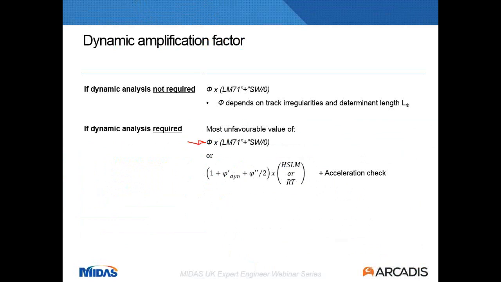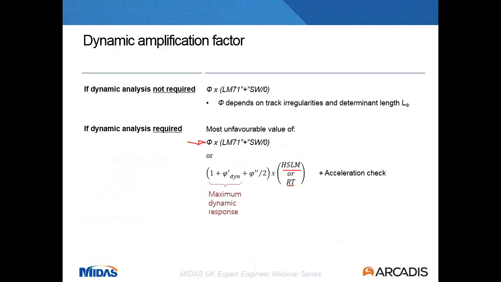But additionally, you have to run another analysis, and this is the dynamic analysis with different load models, the HSLM, the high-speed load models, and the real train, the train that you're expecting to run over your tracks. And then you have to multiply it by first a value that is the amplification of forces and deflections due to the dynamic behavior of your bridge. This is the first term over here.